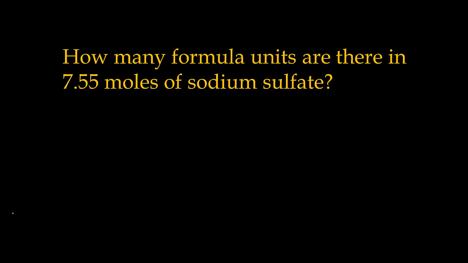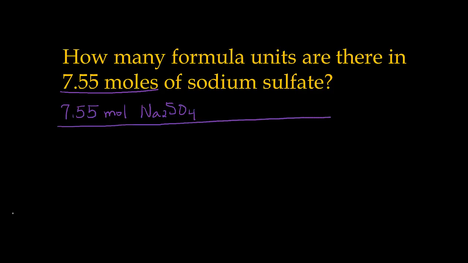It says, how many formula units are there in 7.55 moles of sodium sulfate? Well, we're going to start out with 7.55 moles of sodium sulfate. I'm just going to write this out for you.